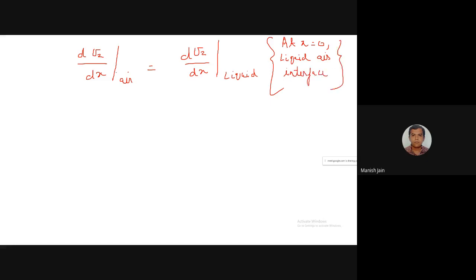Okay, so in this condition, these two are equal.